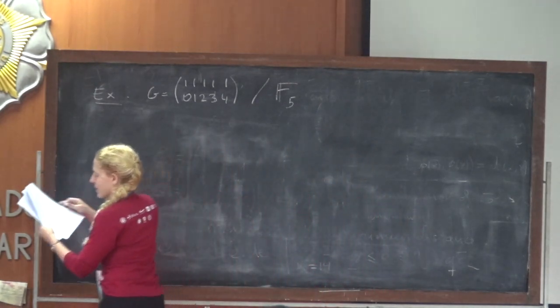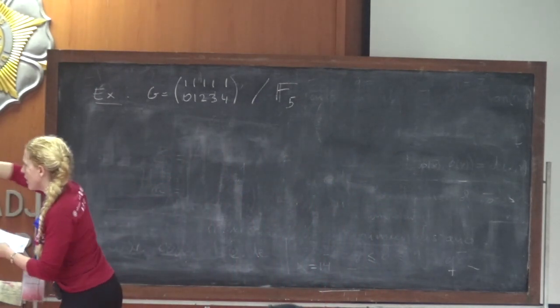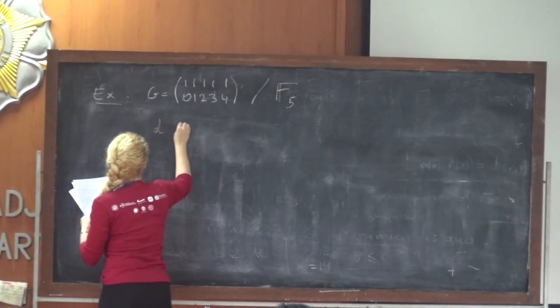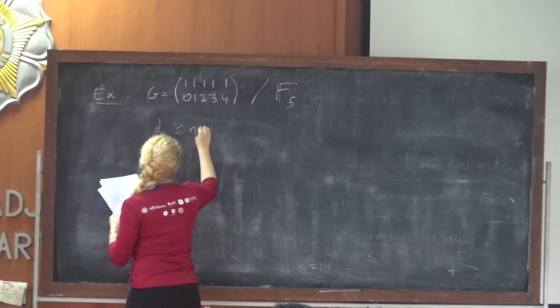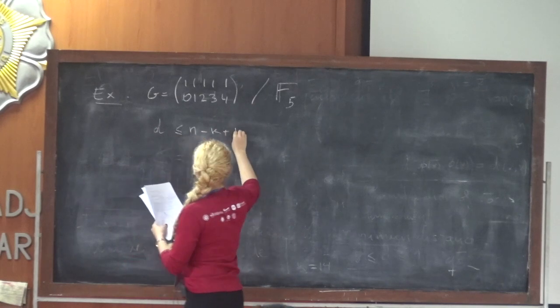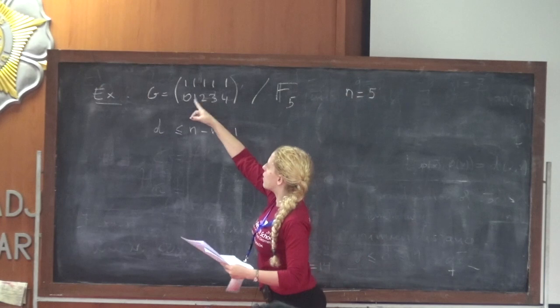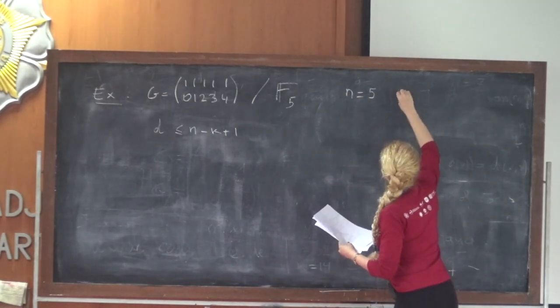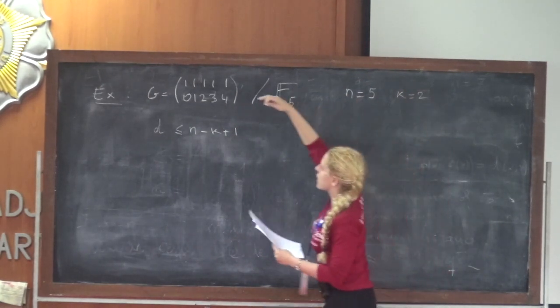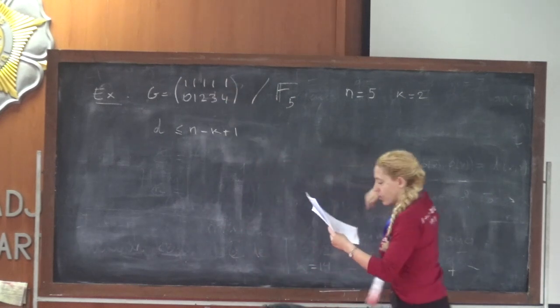So this Singleton bound here tells us that the distance is smaller or equal than n minus k plus 1. Here, n is equal to 5 because I have 5 coordinates. k is equal to 2 because I have 2 rows. Okay?